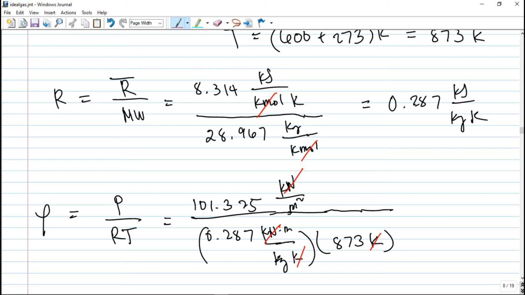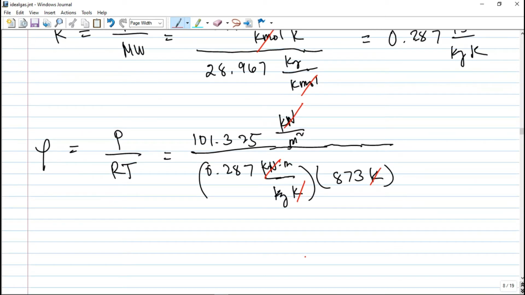Yung kilogram natin lalagay natin sa taas to simplify, so ang unit niya is kilogram per cubic meter. So that is density. The density of this gas is equal to 0.404 kilograms per cubic meter. This is the final answer for this particular problem.